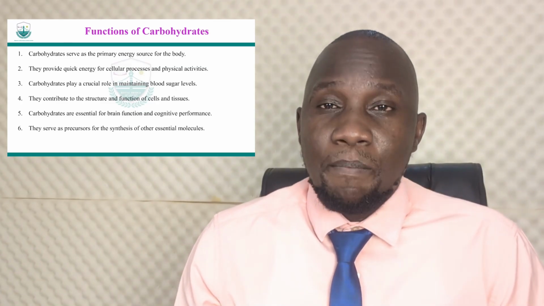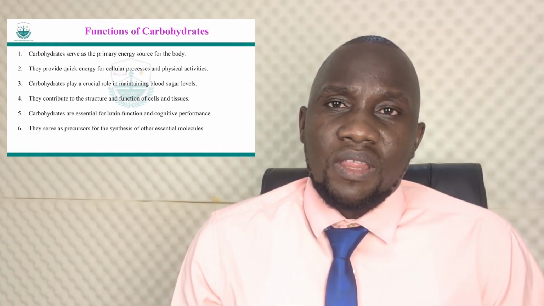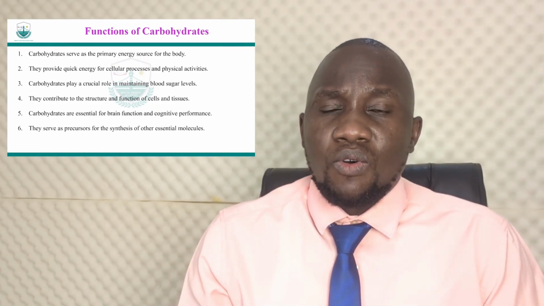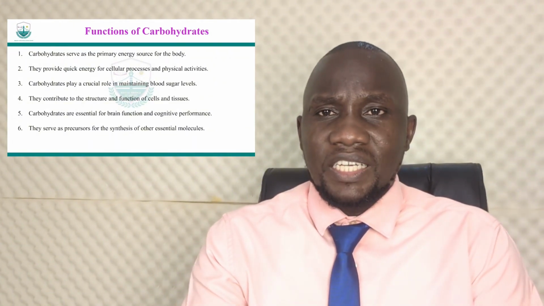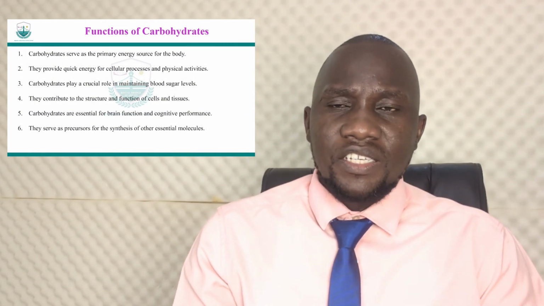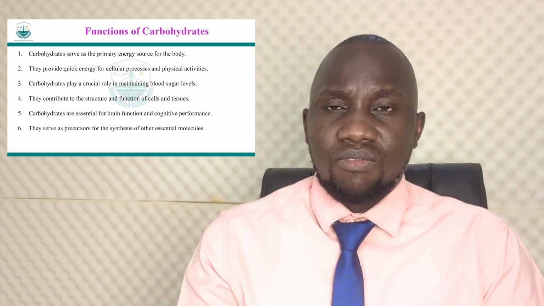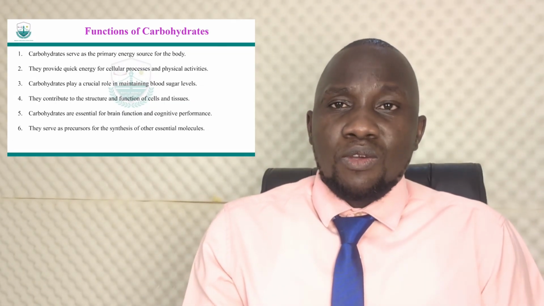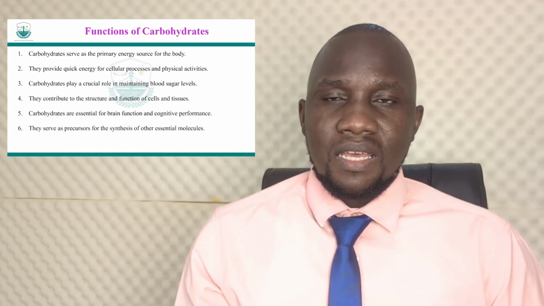The body mainly uses carbohydrates as a source of energy, whether you want instant energy or you want energy that is sustained. When sugars are released into the bloodstream to be broken down to give you that energy, you may need complex sugars so that you have a sustained release of these sugars.